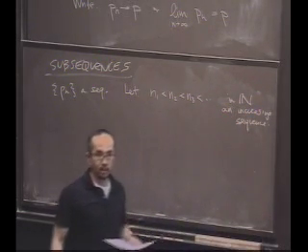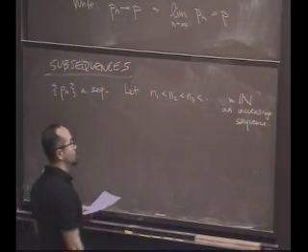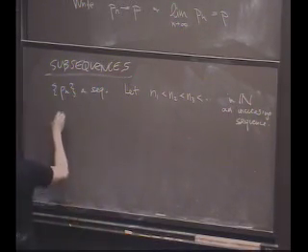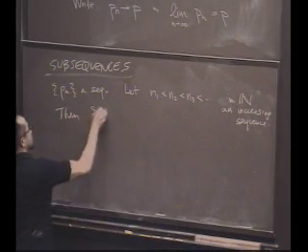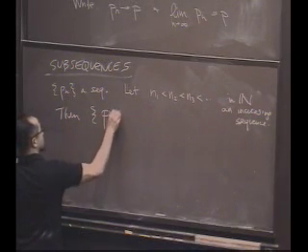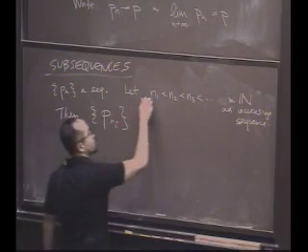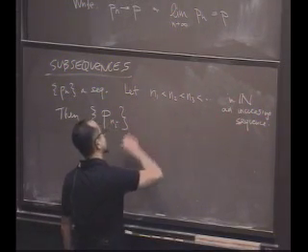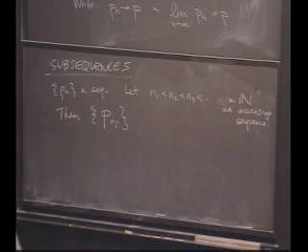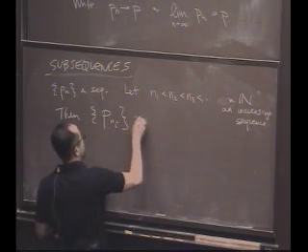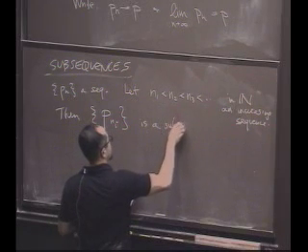Does it have to be infinite? Yes, it's an increasing sequence that continues. Then a subsequence is just picking out, imagine these are indices, and looking at the corresponding points. Then P sub n sub i is a subsequence.